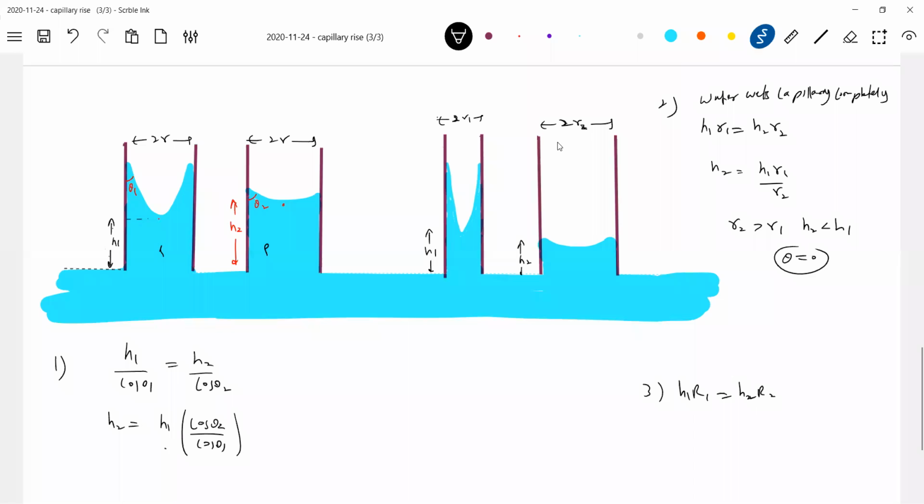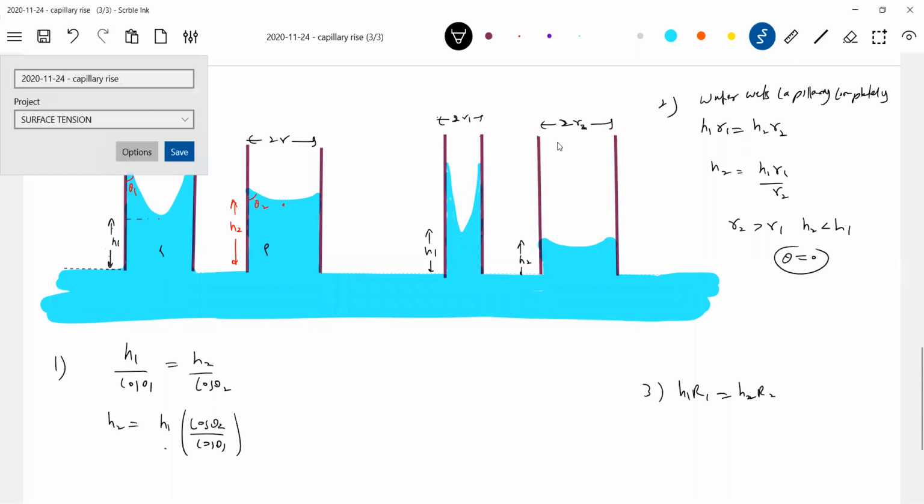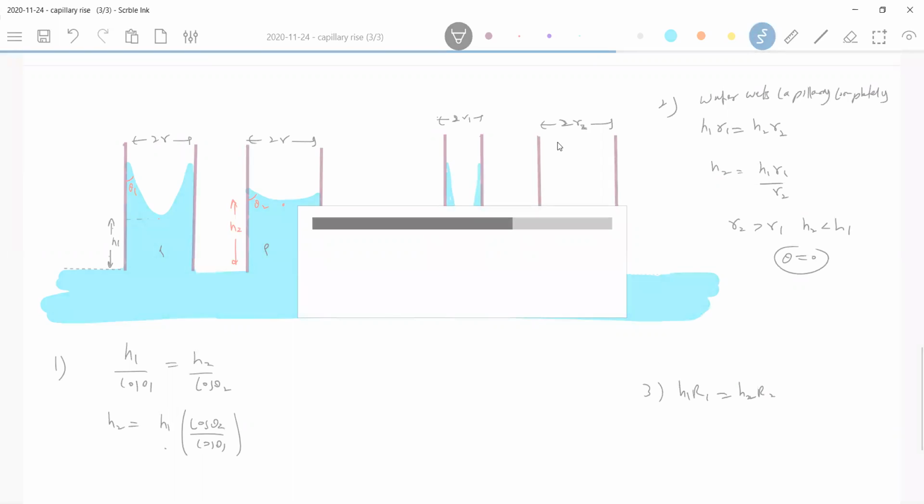Okay, so now we'll take some different application-based problems. This was about the theory. Let's take several other cases here.